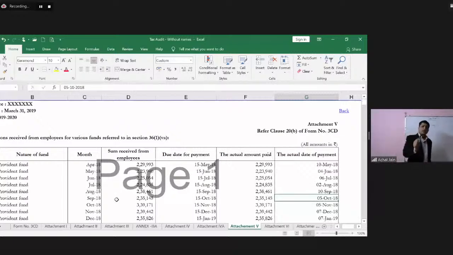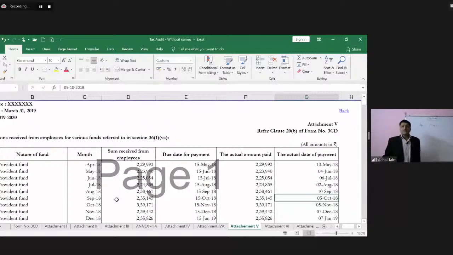Now, how will the auditor verify this information? For the verification of this information, the auditor will obtain the data from HR and recompute the amounts. For all of these payment due dates, this is on the basis of the knowledge of the auditor and the requirements of the statute at that particular point of time.